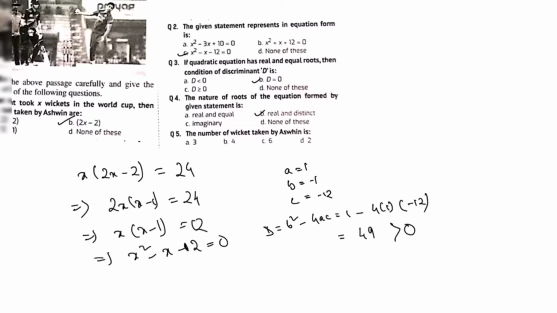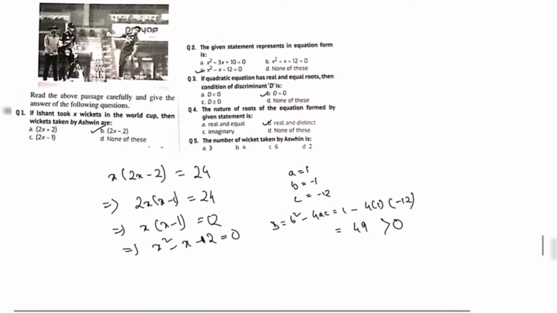What is the number of wickets taken by Ashwin? You see, you have to find 2x minus 2 and not x. Keep this much in mind. So since we have already calculated b square minus 4ac, so let us just use this, and you know implies x is minus b, so 1 plus minus root over b square minus 4ac.